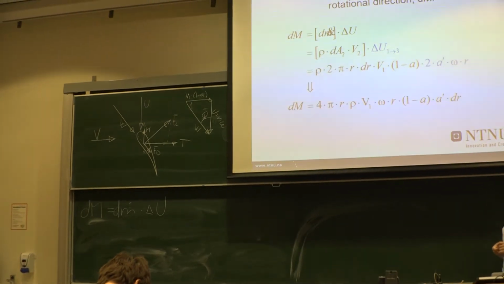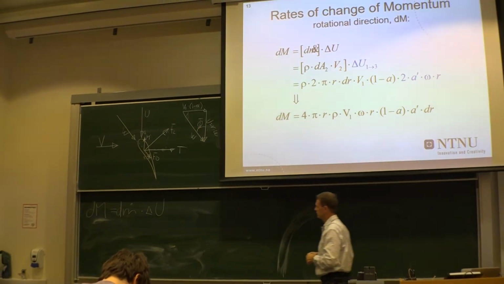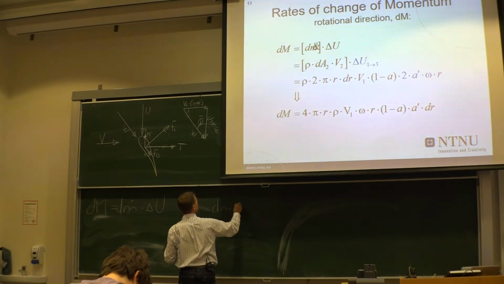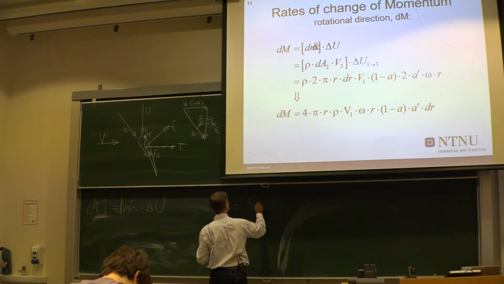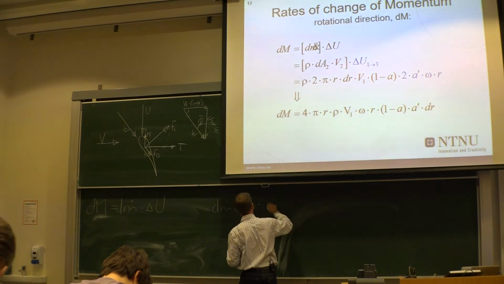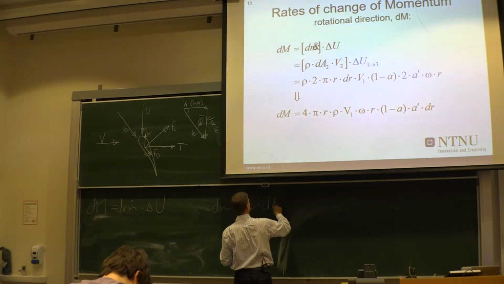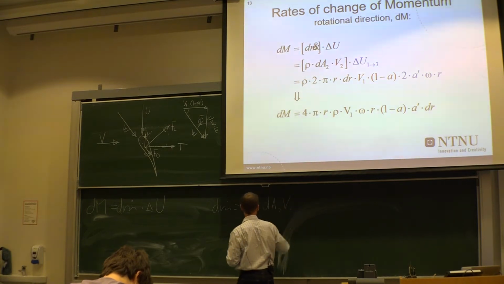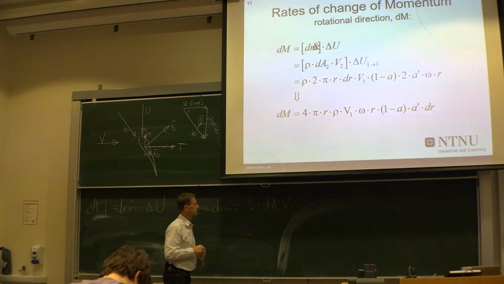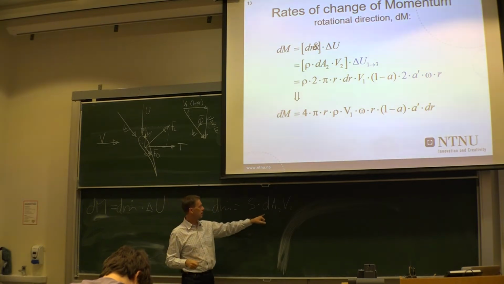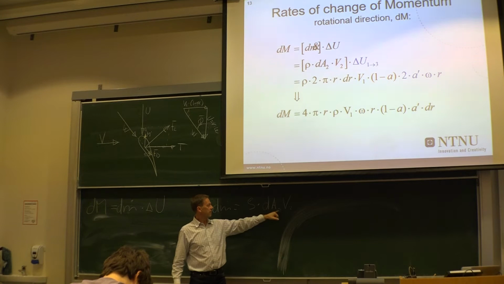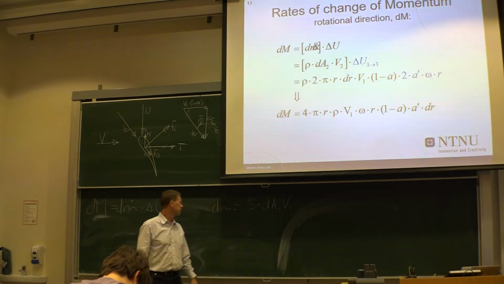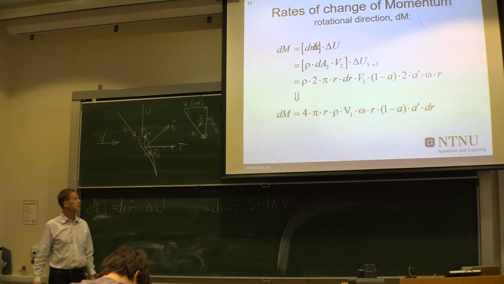So dm is simply density times dA times velocity, velocity multiplied by an area times the density.